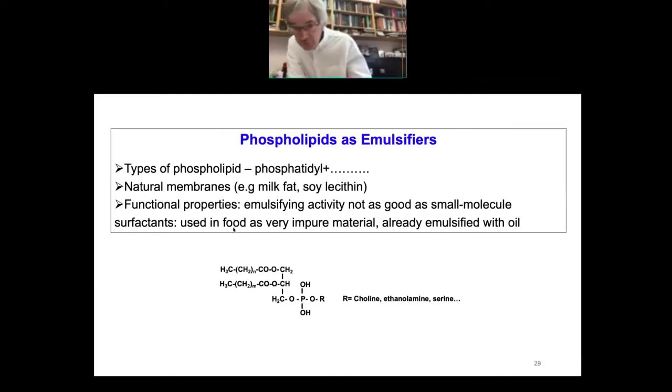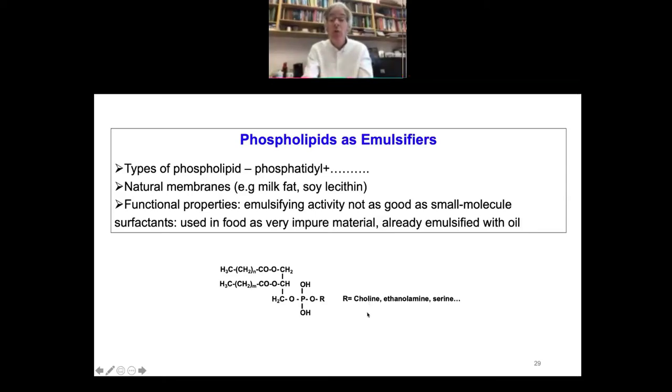There are many other types of emulsifiers as well. Phospholipids, and I'll touch on these fairly quickly and without spending as much time. But phospholipids, as demonstrated there, are similar to a triglyceride in that it's got a diglyceride structure, i.e. two fatty acids, but the other carbon moiety here is through an ester bond to a phosphate group, and the phosphate group could be choline, ethanolamine, serine, and so on.